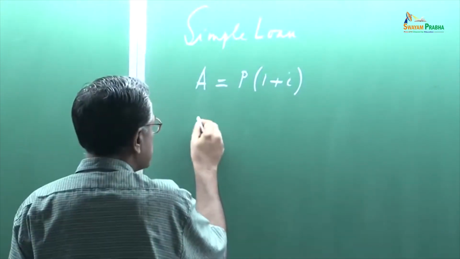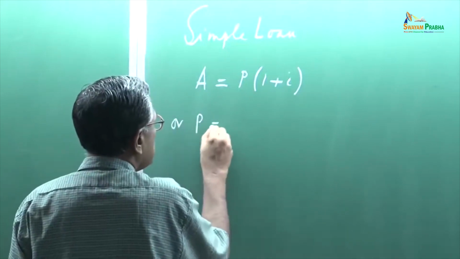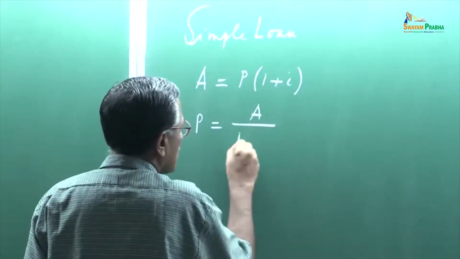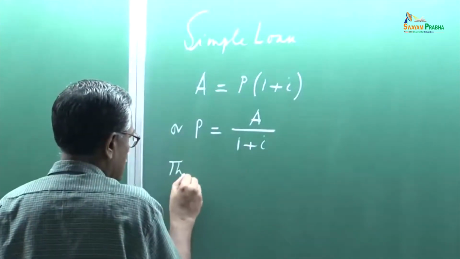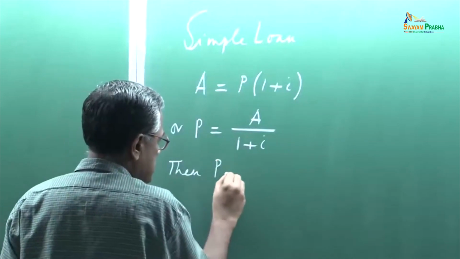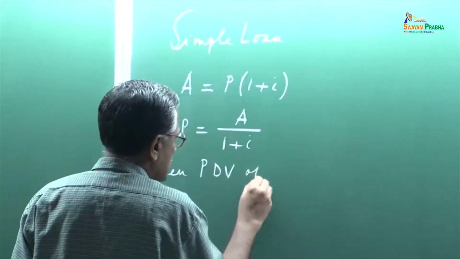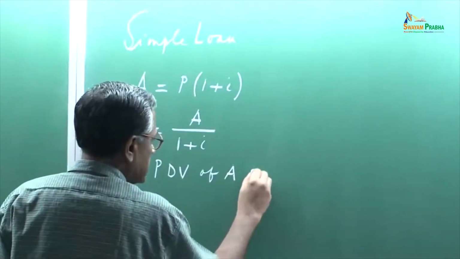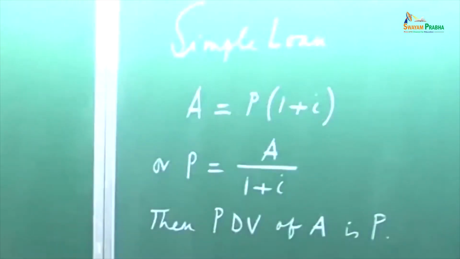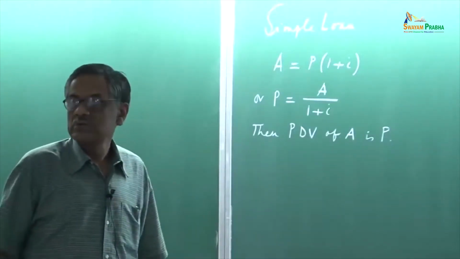Which can also be written as P is equal to A over 1 plus I. Then the present discounted value of A, which I will get one period later, is P. So, something which I will receive tomorrow, for which I will have to wait, if I want to know its value today, it's called present discounted value, which is P, which I have with me today.